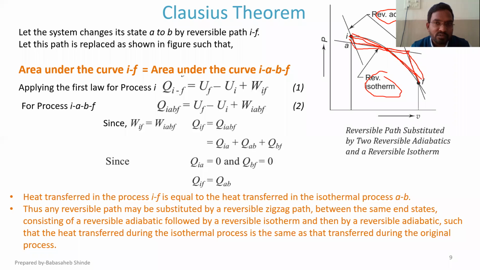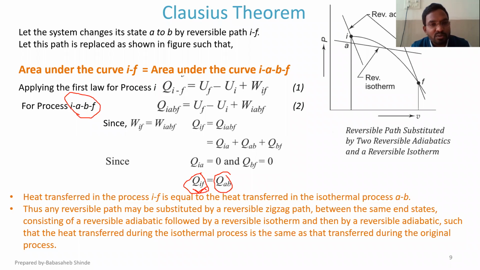But what condition has to be satisfied? The condition is that the heat transfer during the original process, because IF is the original process and the replaced one is IABF, must be equal to the heat transfer during the isothermal process of the replaced path.